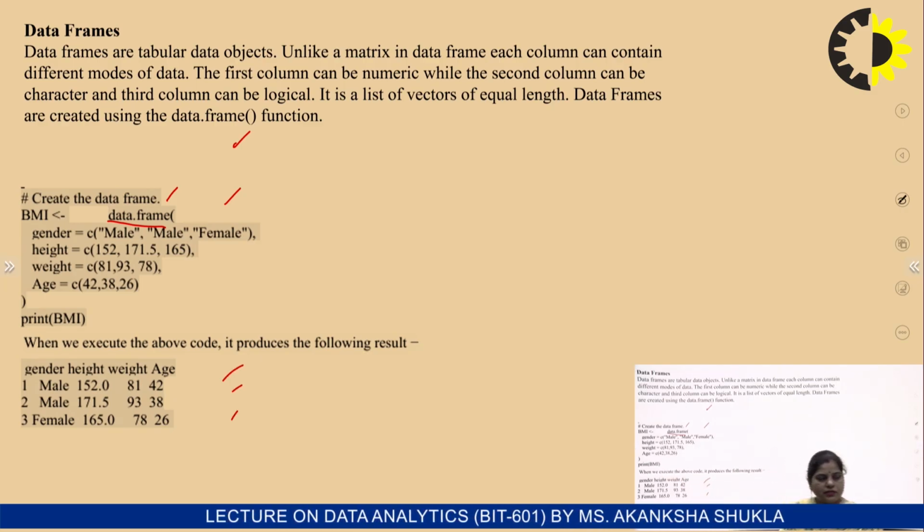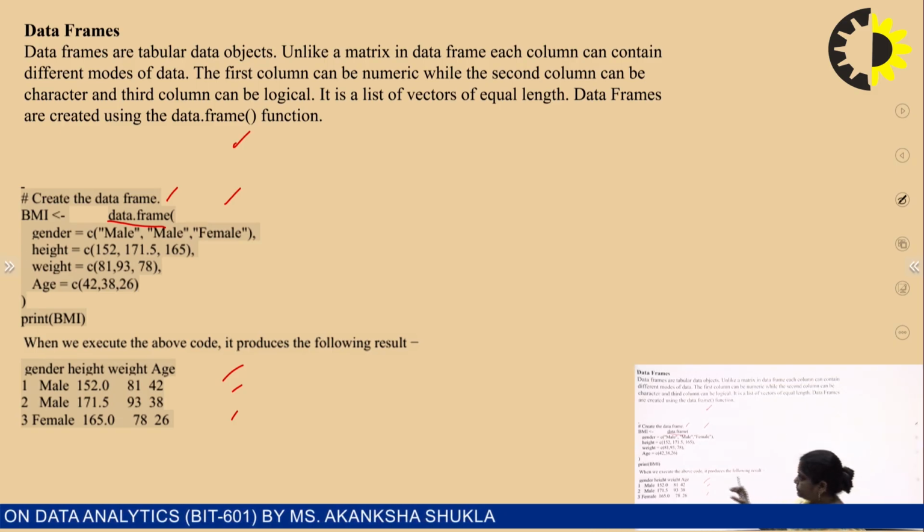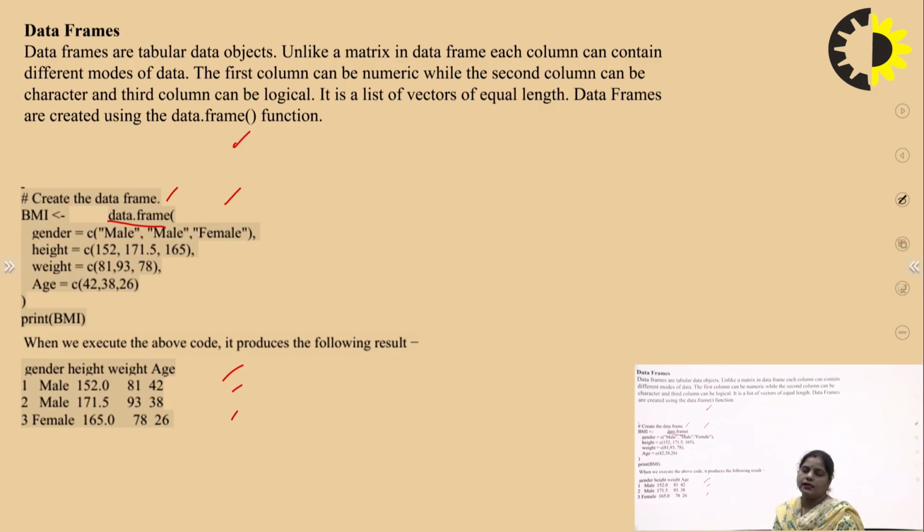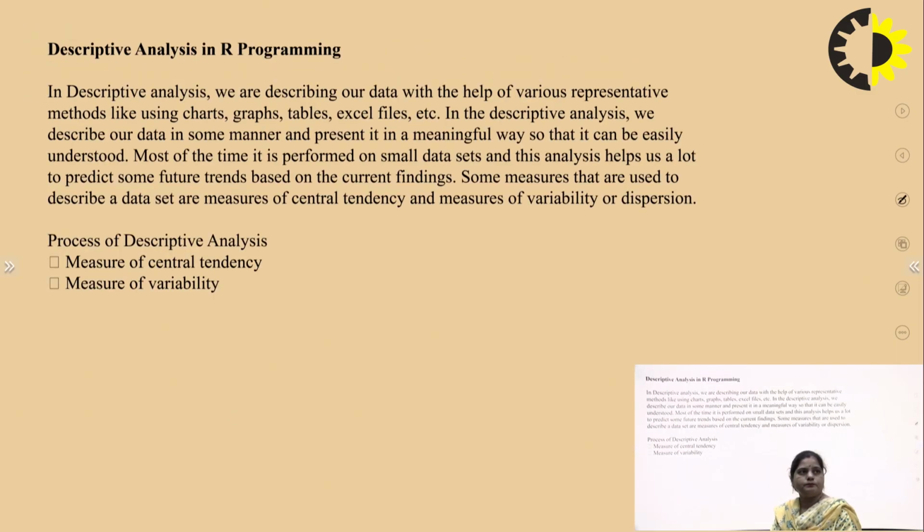Gender, height, weight and age, this is the information this data frame contains. In simple words, a data frame is a collection of data in which each column can represent a different mode of data, which can be character, logical or numerical.